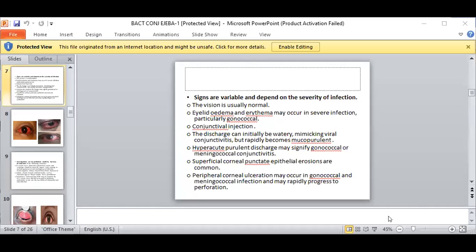What happened? Okweko? Okay. Put it in slideshow.